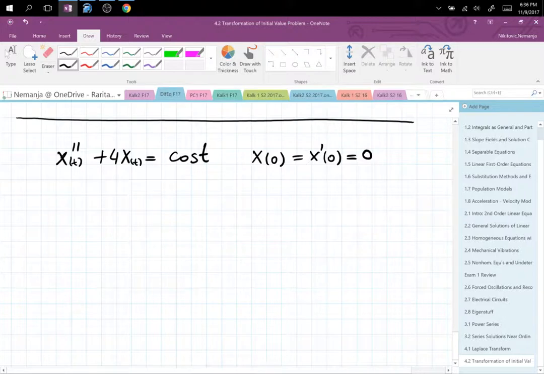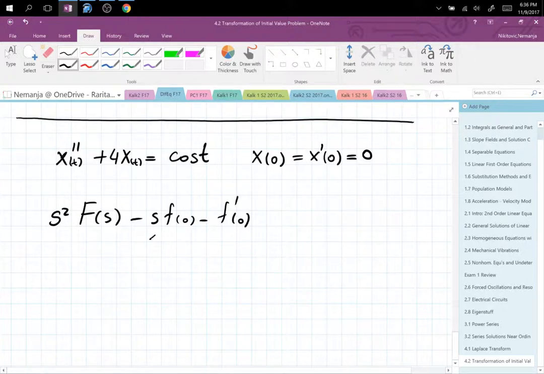We memorized that the second derivative transforms into s squared F of s minus s times F of 0 minus F prime of 0. But hold on, these two are zeros, right? Look at that. Initial condition equal to 0. Yay. And then plus 4F of s. When you transform x of t, you get F of s equal to a cosine on this side.